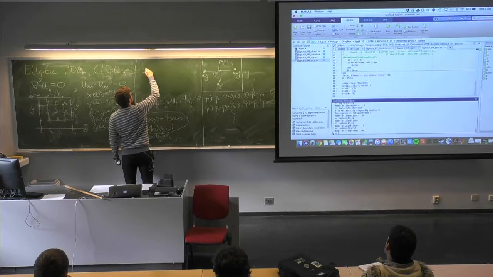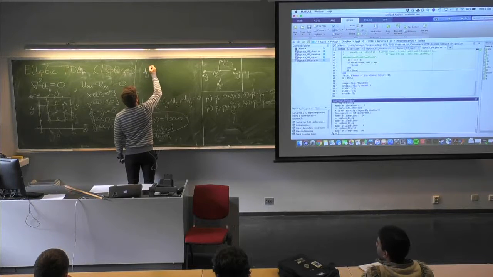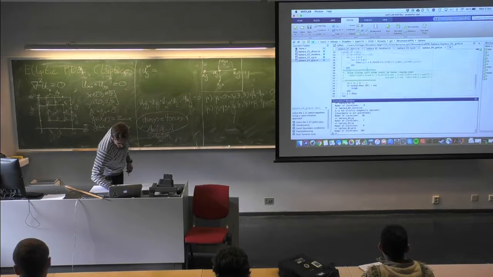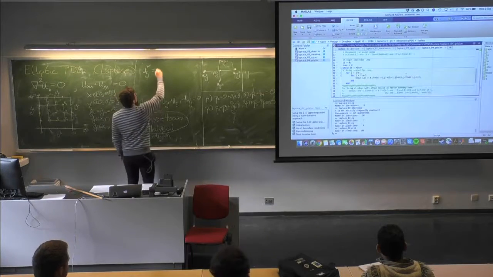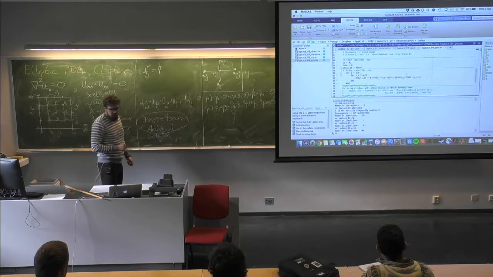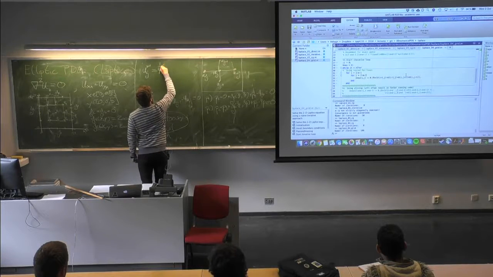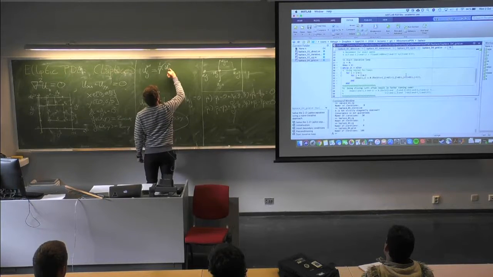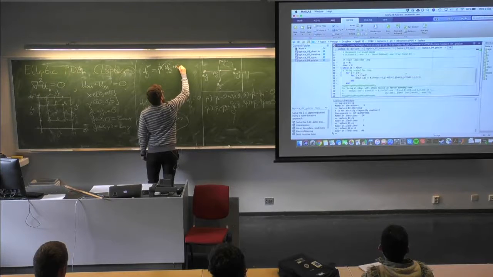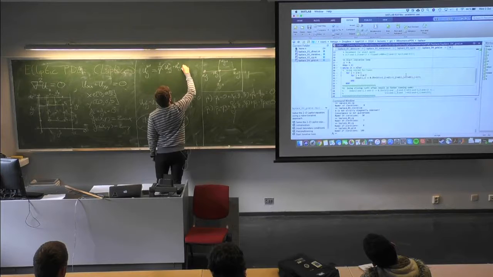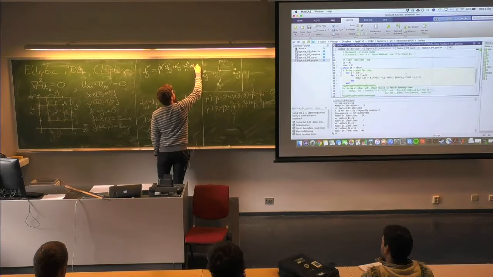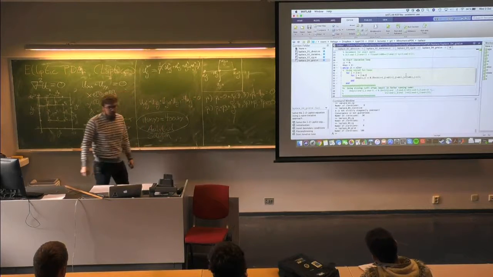But as I say, u i, j, k plus 1 equals the old ones: u i plus 1, j, iteration k, plus u i minus 1, j, iteration k, plus u i, j plus 1, iteration k, plus u i, j minus 1, iteration k.